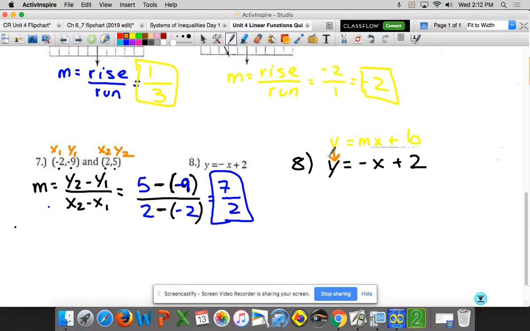So y is y. M goes to the number in front of x. X goes to x, and b goes to b. Now, we are trying to identify the slope. And if you can't already tell, anytime we use slope, slope is represented by the variable m.